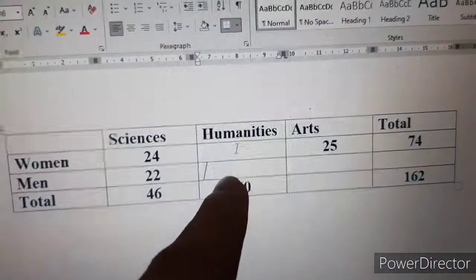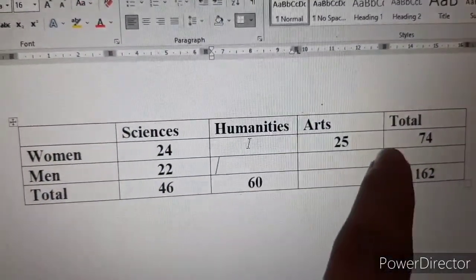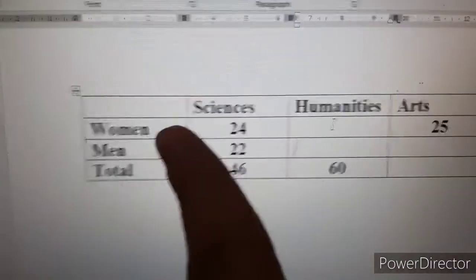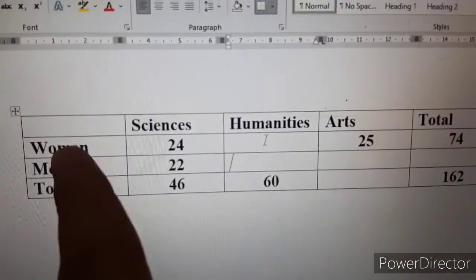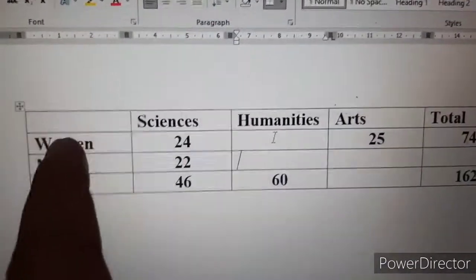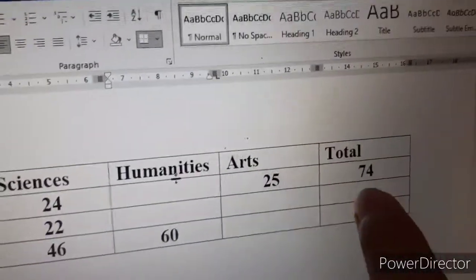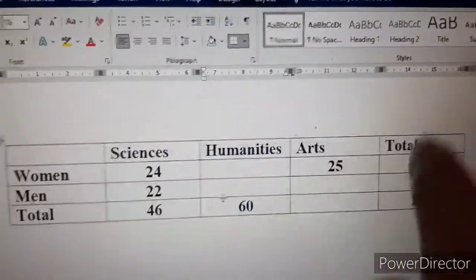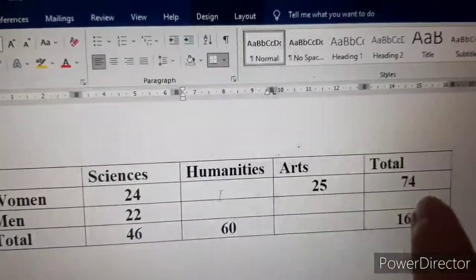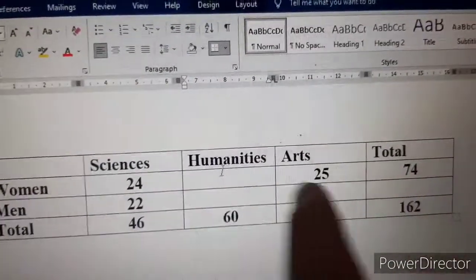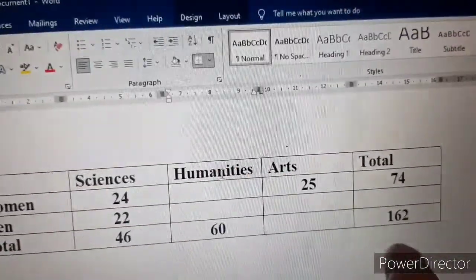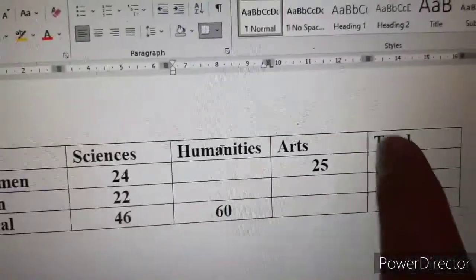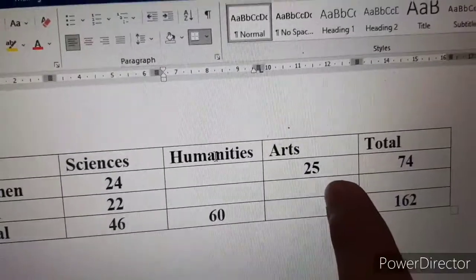If you get into this situation, you just move on to the first row. As you can see in the women section, there were 74 total women who went to the subjects. 24 went to science, 25 went to arts.